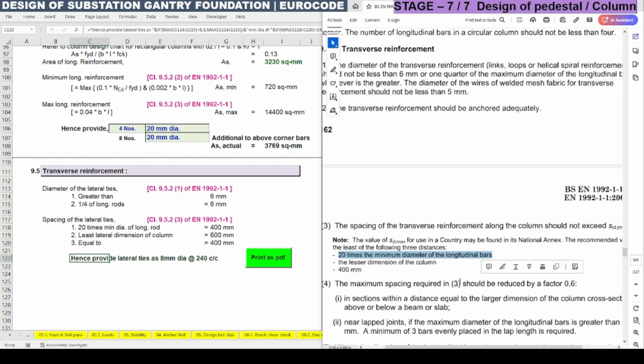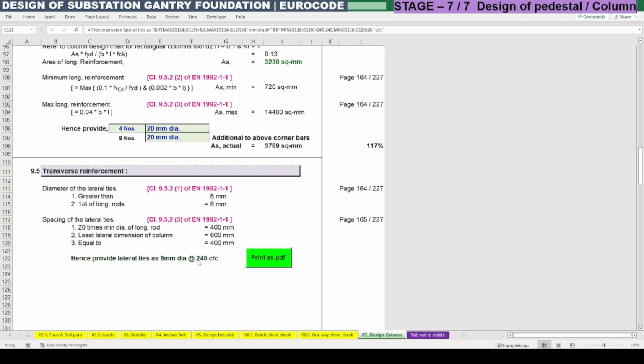The second case is given as the least lateral dimension of the column. Least lateral dimension means 600 mm, and the other is equal to 400, so only 400 mm. So these are the 4 cases given in clause 9.5.2 note 3.